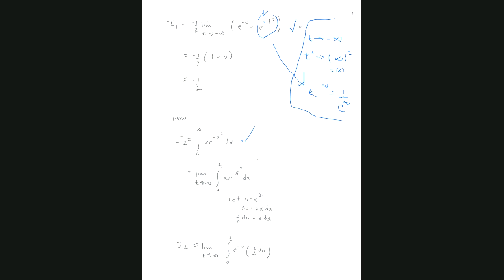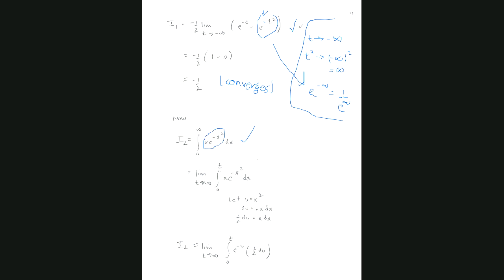Okay. This converged. But the area we're looking for is the sum of I1 and I2. So now we have to work with the second integral, and we're optimistic that it should converge, because the integrand, x times e to the negative x squared, is the same.